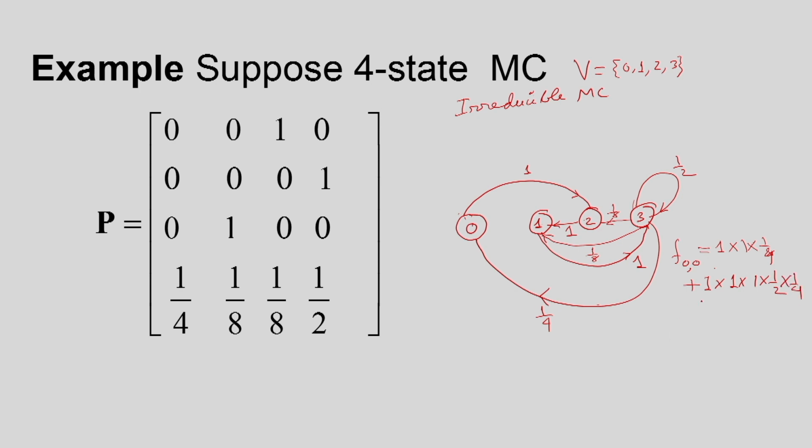That way also we can approach. So, we can find out all the possibilities that it will return here for the first time, and ultimately we can show that this probability is equal to 1. So, if f 0 0 is equal to 1, therefore this state is recurrent, and since this Markov chain is irreducible, all these states will be recurrent.